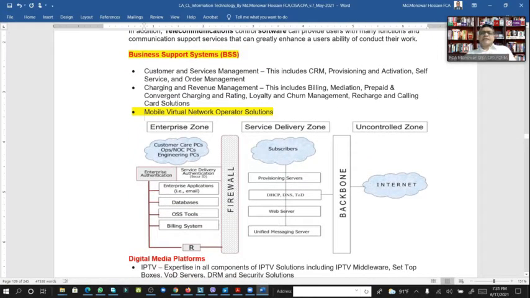So each layer helps the other layers within the organization.